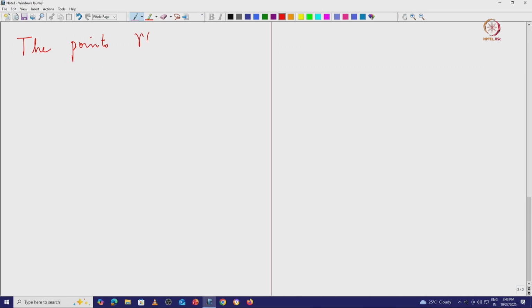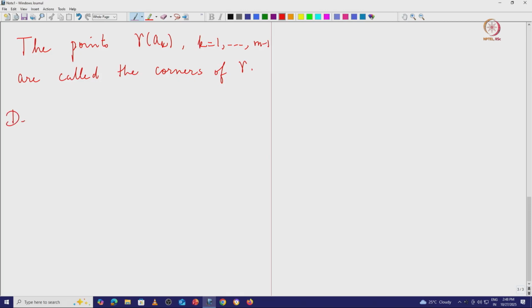So the points gamma of ak, where k now ranges from 1 to m minus 1, are called the vertices, or called corners, of gamma. Okay.